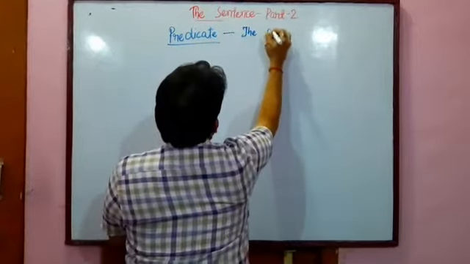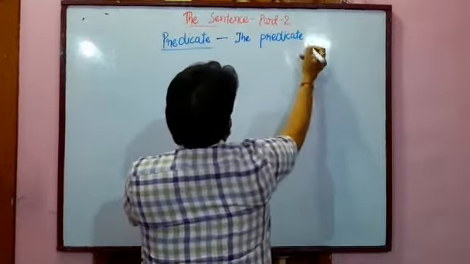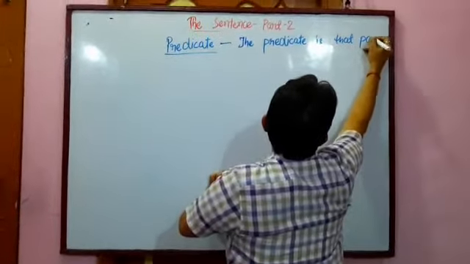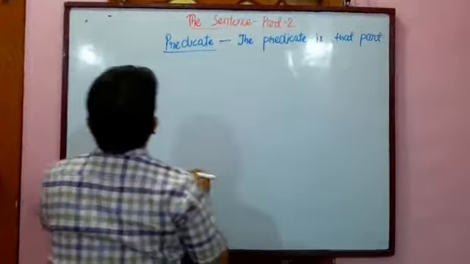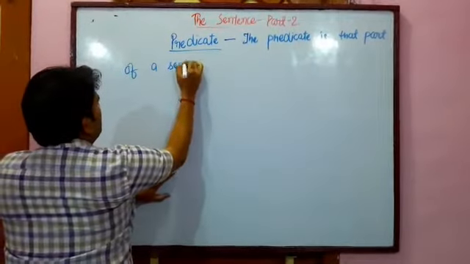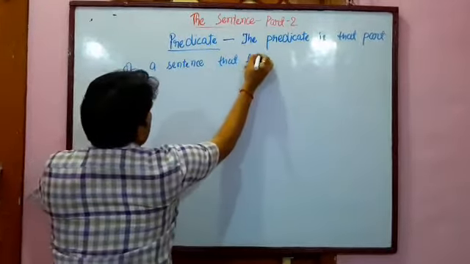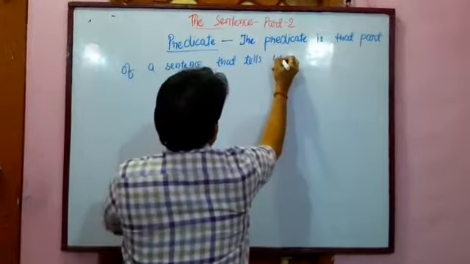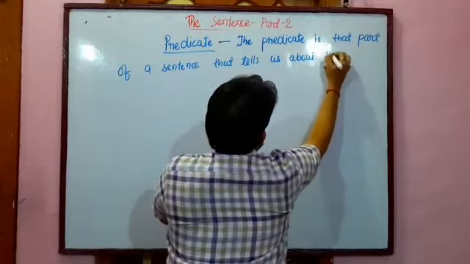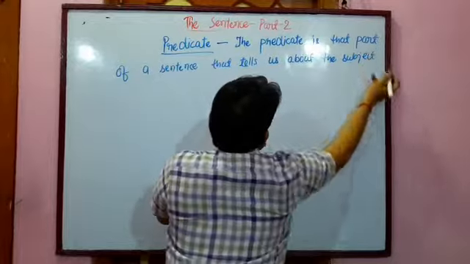The predicate is that part of a sentence that tells us about the subject.